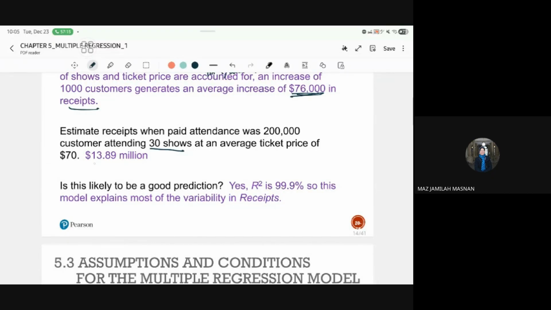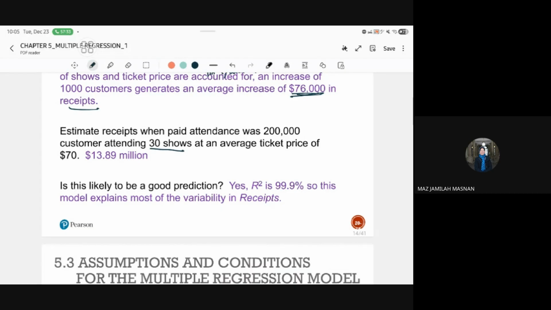You will get 13.89 million for this estimation using this particular model. So that is how you can interpret the receipt in terms of million.